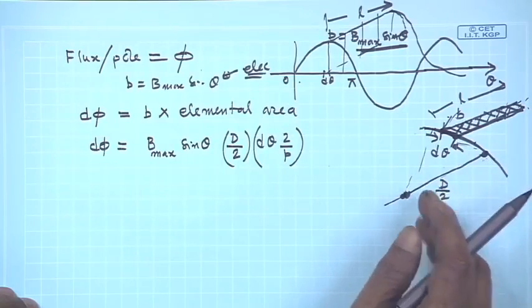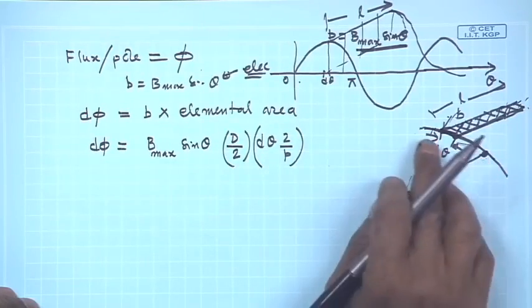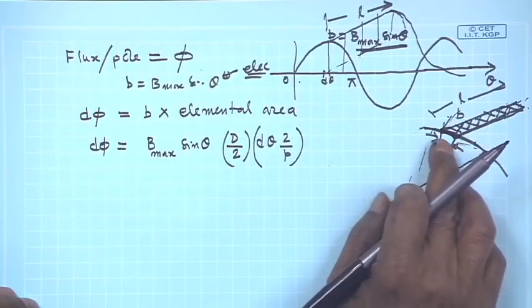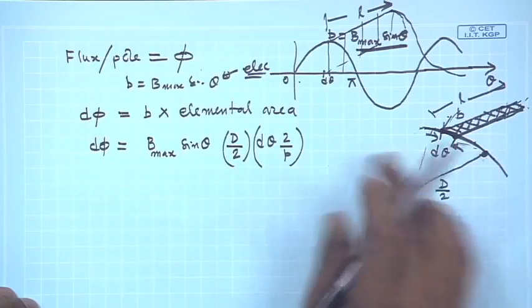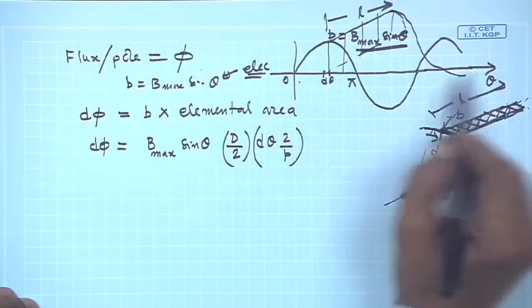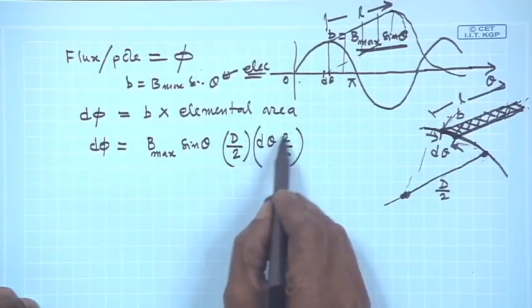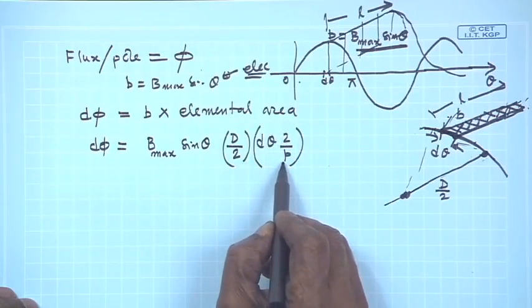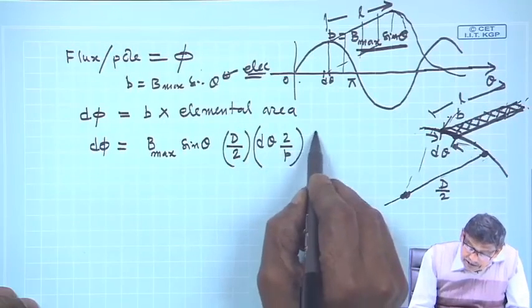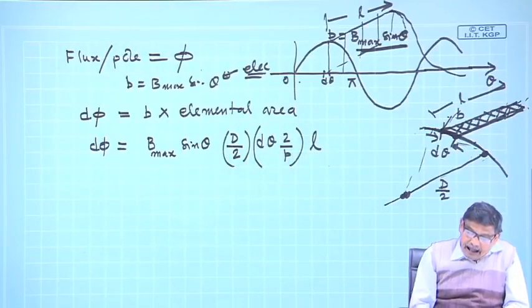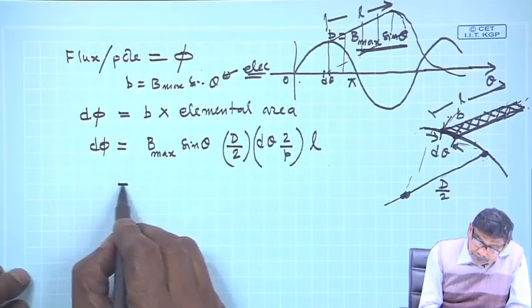These distances are mechanical, so convert d theta to mechanical, d theta into 2 by P, then multiply by L, and that will give you the elemental flux.